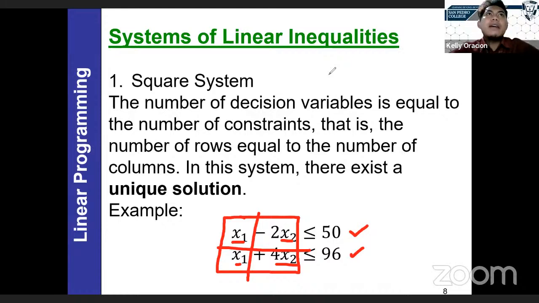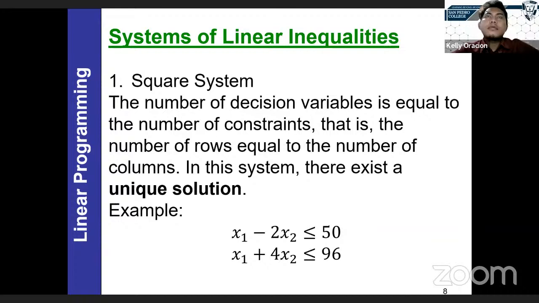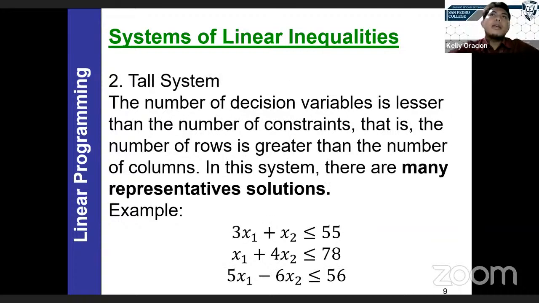Next, we have the tall system. When can your given be called an example of a tall system? The number of decision variables is lesser than the number of constraints. Now, how many constraints do we have here? We have 1, 2, 3.